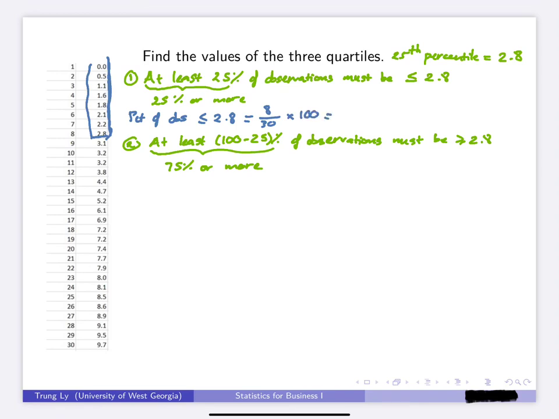That gives you 26.67%, which is greater than 25%. So the first condition here is satisfied.